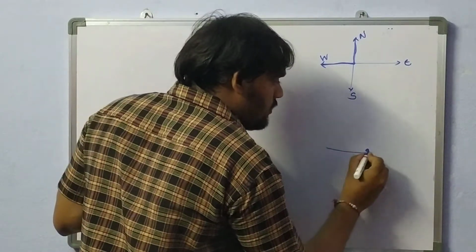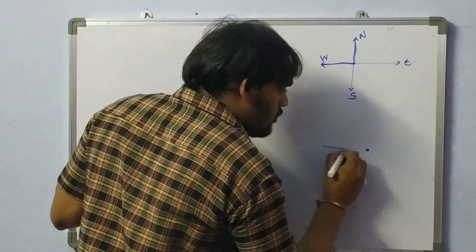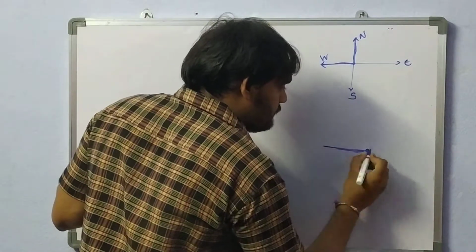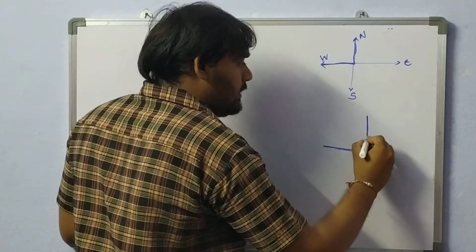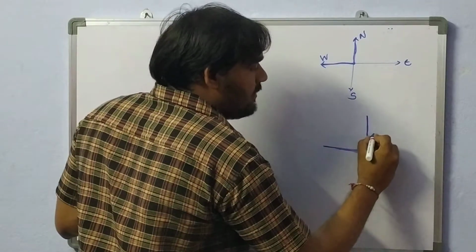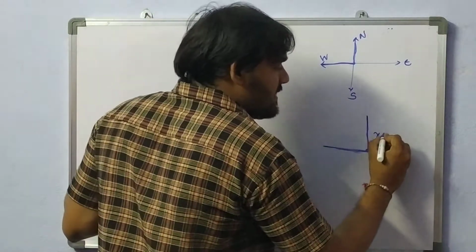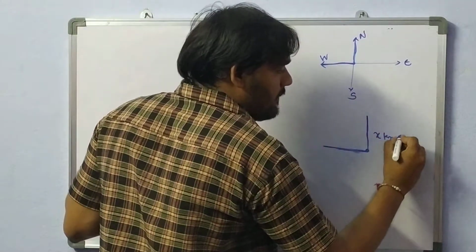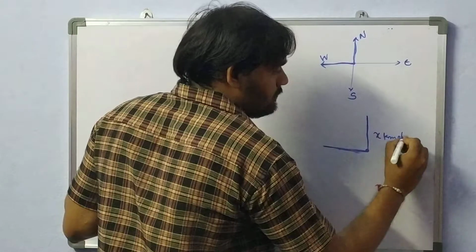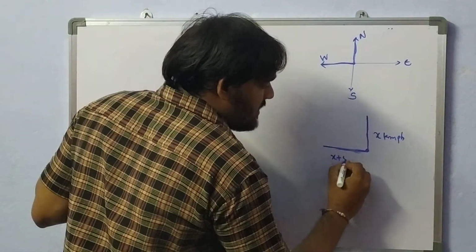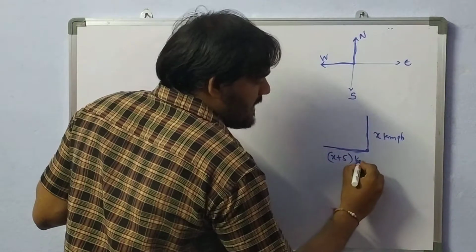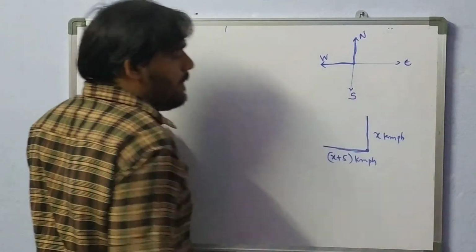First train towards west, second train towards north. The speed of the second train is x kilometers per hour. Next, the speed of the first train will be x plus 5 kilometers per hour.